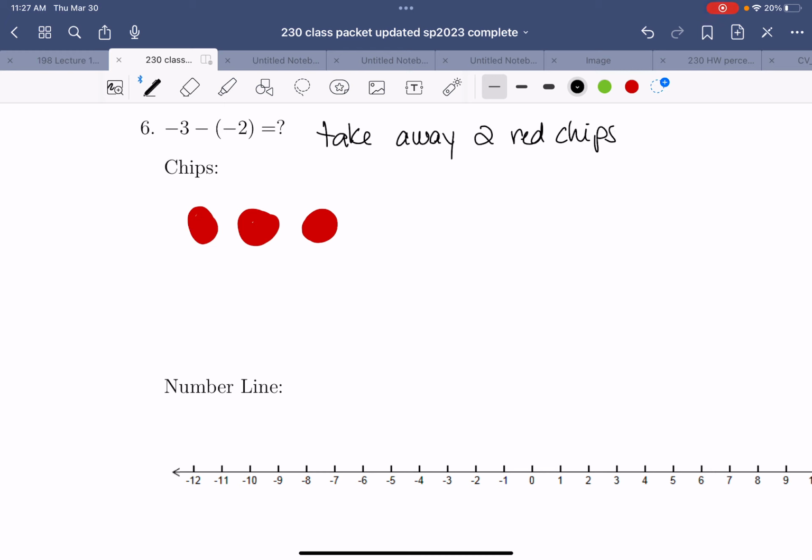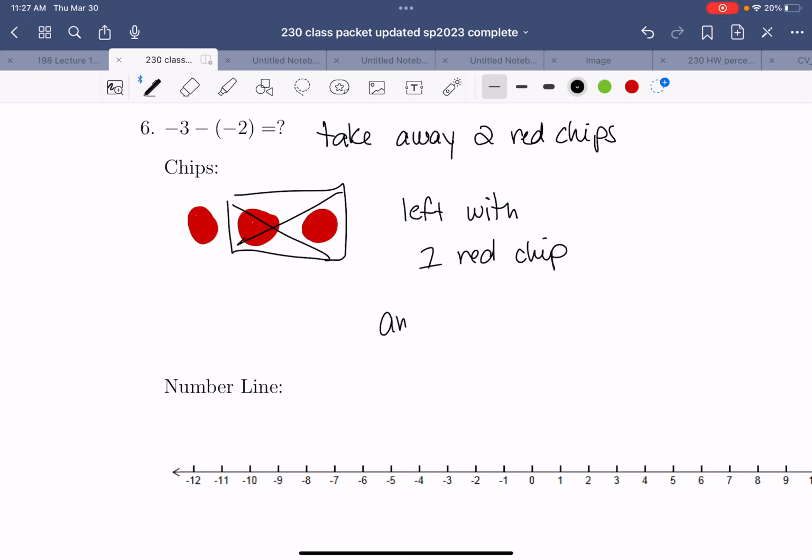I'm going to go ahead and take 2 of these red ones away. I have them, so I can take them away. And I'm left with 1 red chip. So my answer is -1, because it's red.